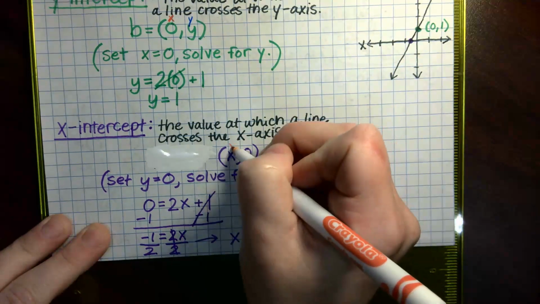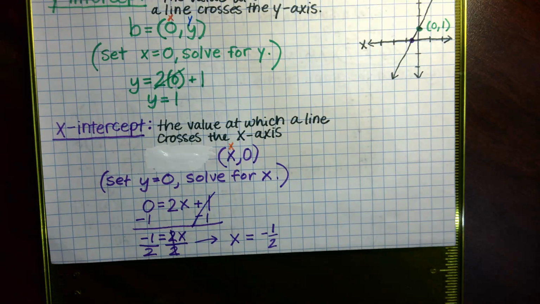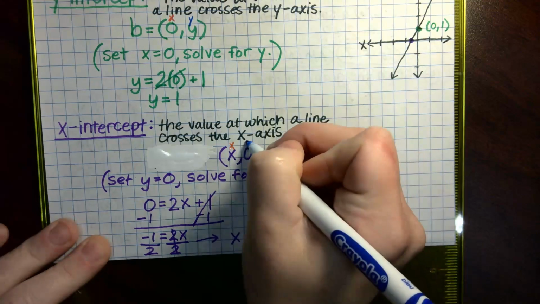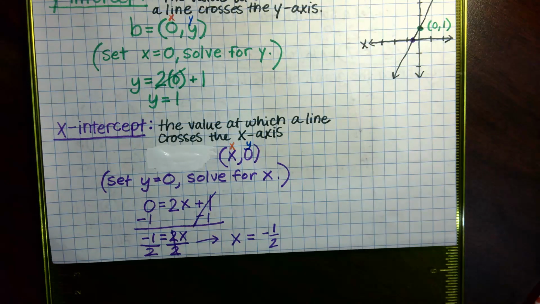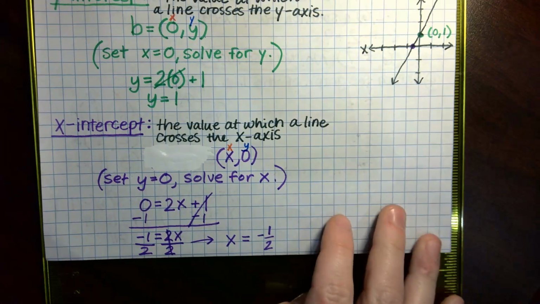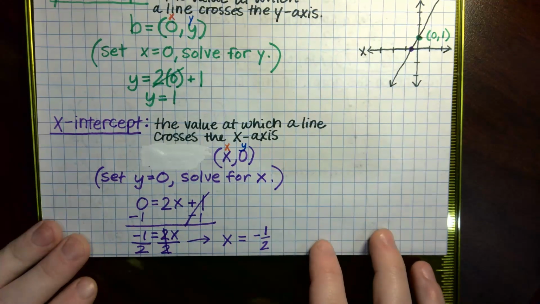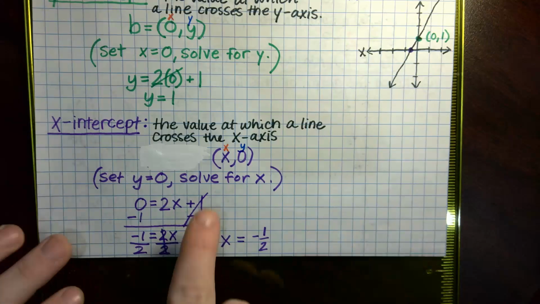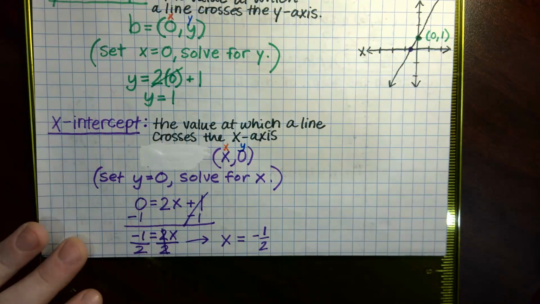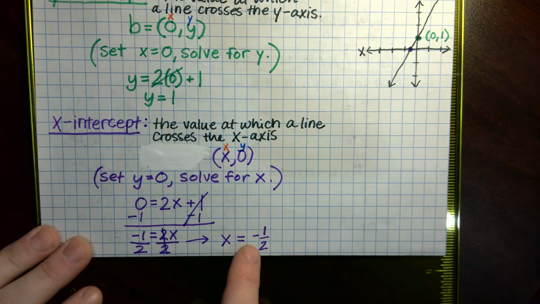So remember, our x comes first. We knew that y was 0. All right. Give everybody a second to fix that. I don't want anybody to be having the wrong thing. Okay. Now, we know that our coordinate is going to be whatever we found for x, which is negative 1/2.